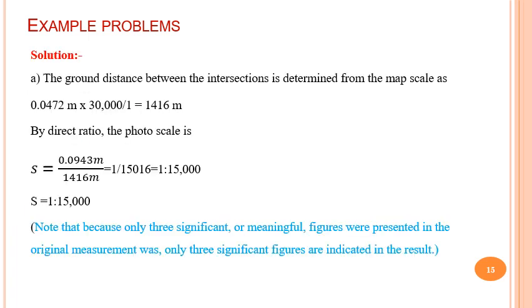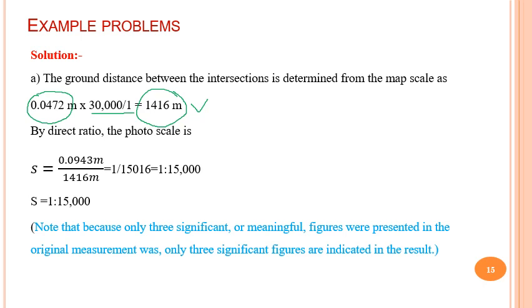Example solution. The ground distance between the intersections is determined from the map scale as 0.0472 meter, converting mm to meter, multiplied by the inverse of the scale, 30,000 divided by 1, which is equal to 1416 meter, the actual measurement.